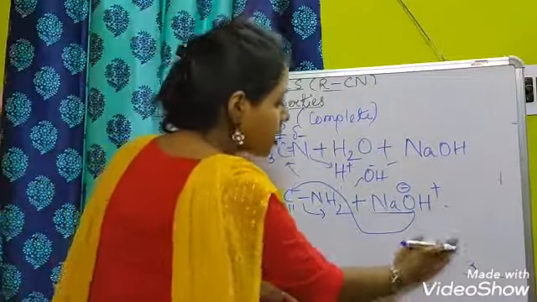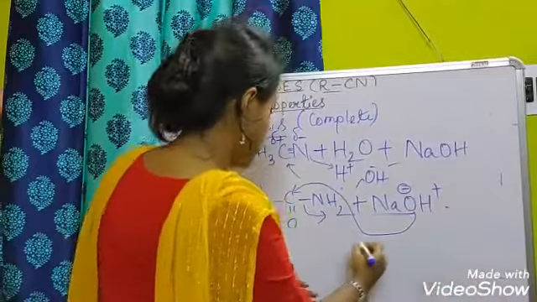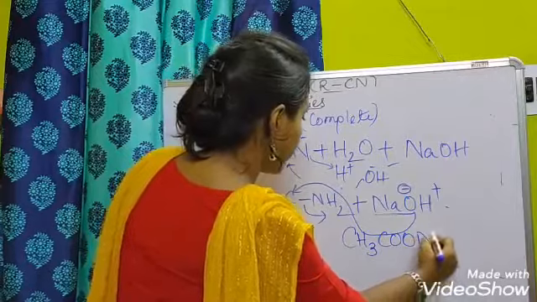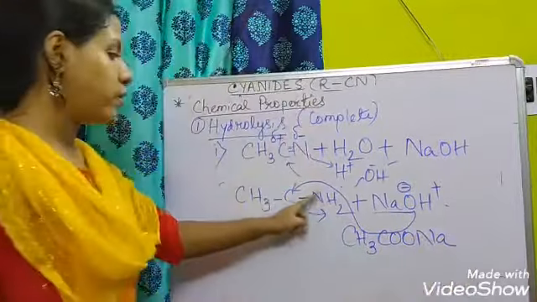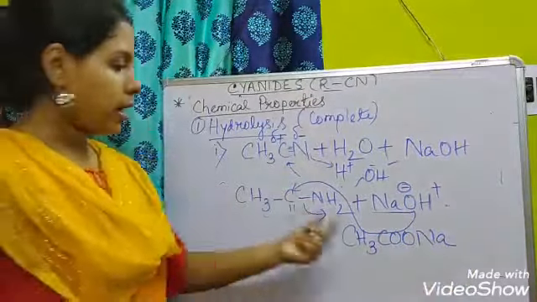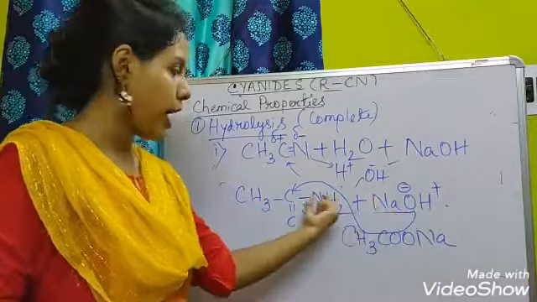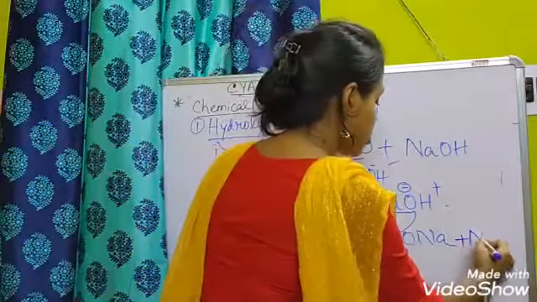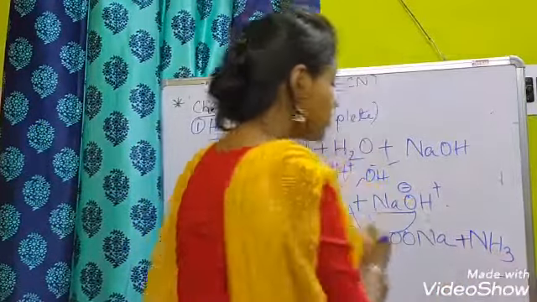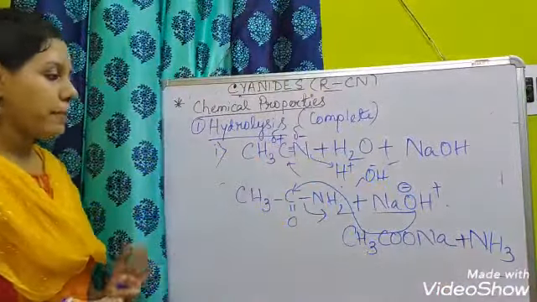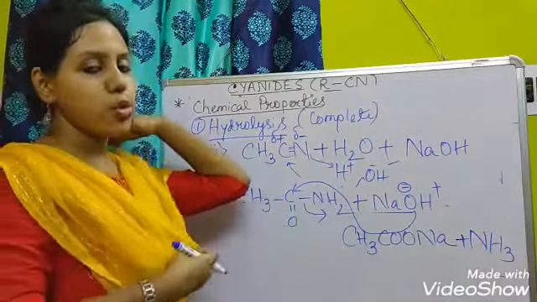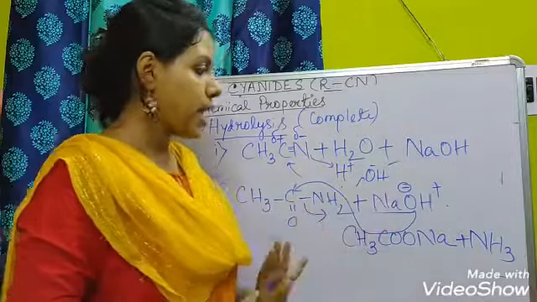So there will be the formation of sodium acetate, CH3COONa. Here there will be the addition of the ONa group. NH2 minus will be added again with the hydrogen, making NH3. So this way we can make sodium acetate, the sodium salt of acetic acid, and then ammonia.